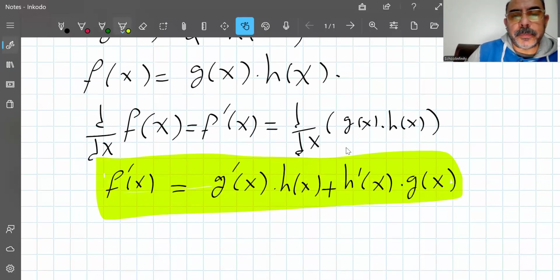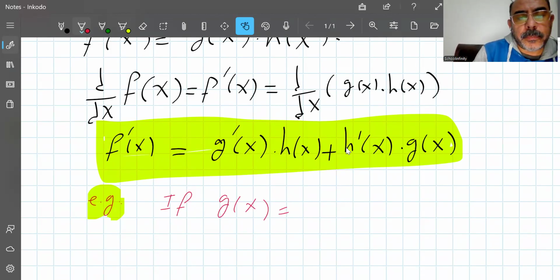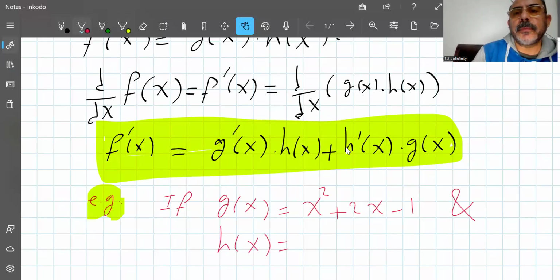For example, g of x equals x squared plus 2x minus 1, and h of x equals x to the power 3.